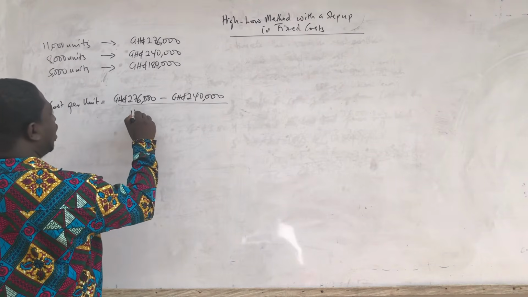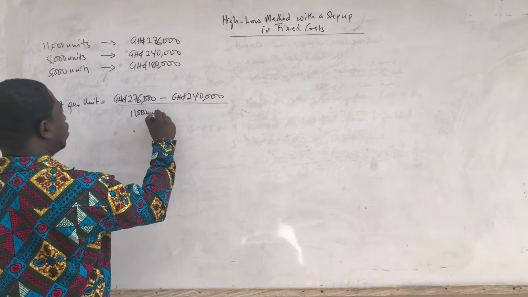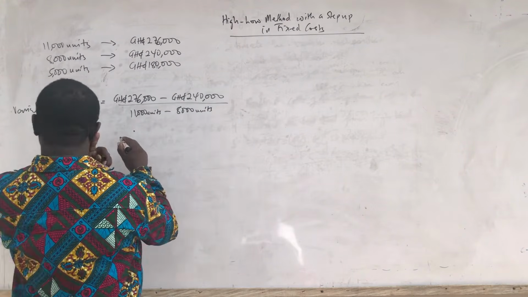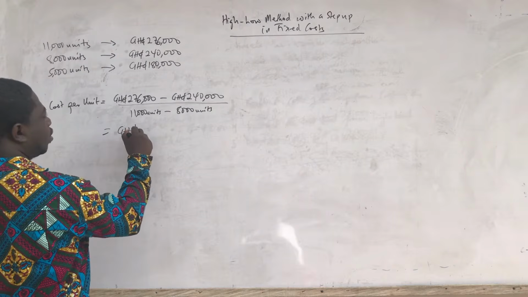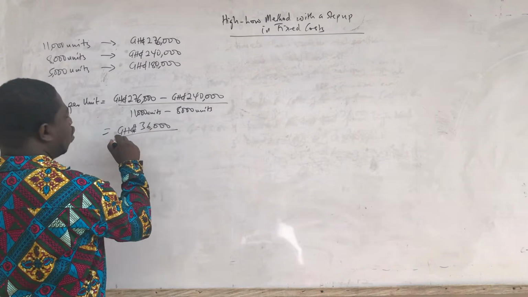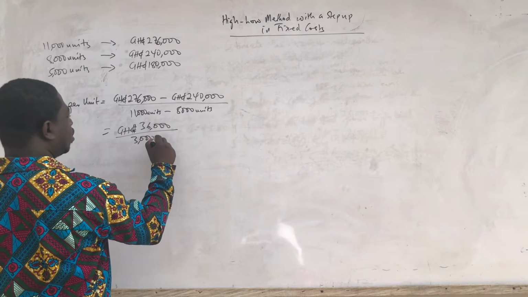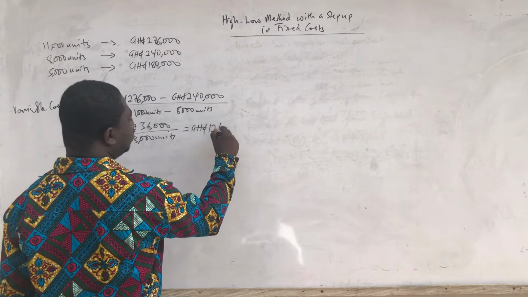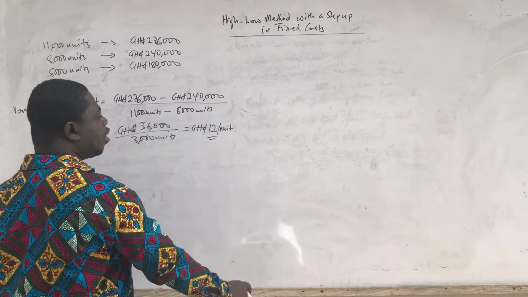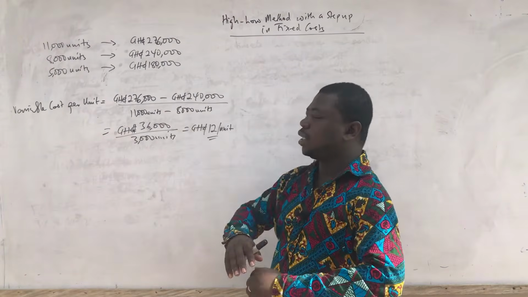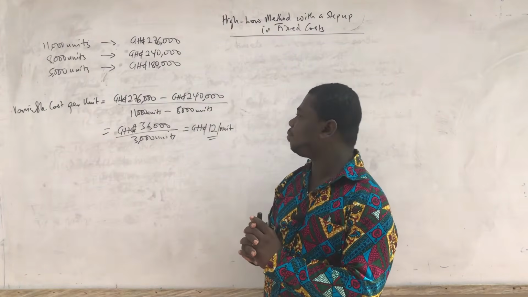And then I'll have 11,000 units minus 8,000 units down here, and that is going to give me 36,000 over 3,000 units, which eventually gives me 12 cedis per unit as my variable cost per unit. And so I have 12 cedis as the variable cost per unit.